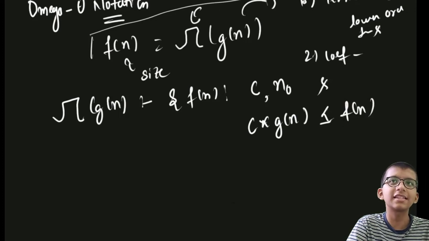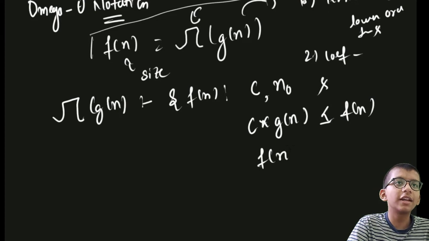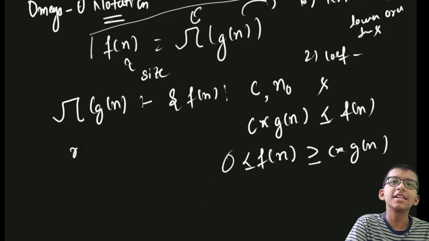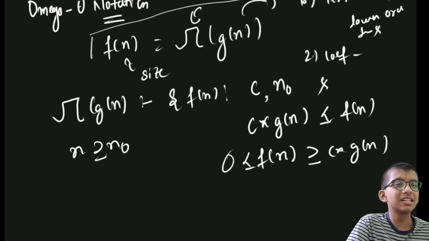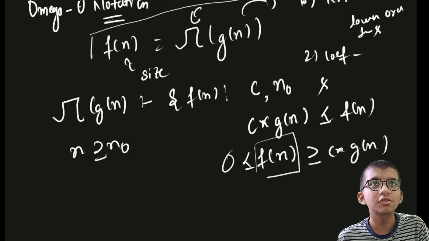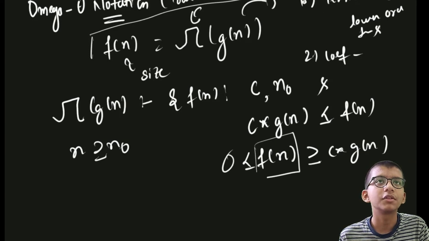Or in other words we can say f of n is greater than or equal to c times g of n, and again n should be greater than or equal to n naught. So it is a little bit opposite. In the big O notation it should be smaller, but in omega notation it should be bigger than c times g of n. So that's why this is called a lower bound.